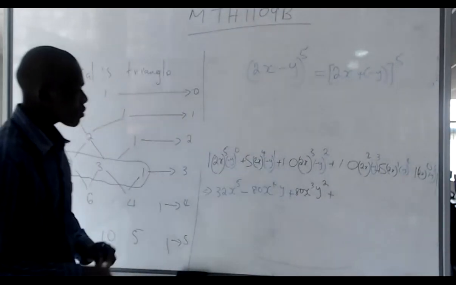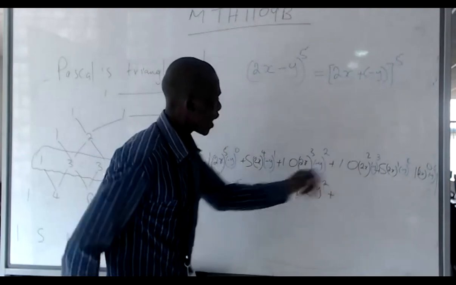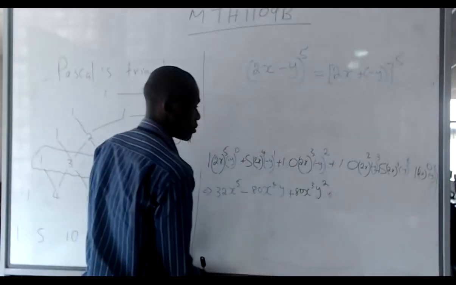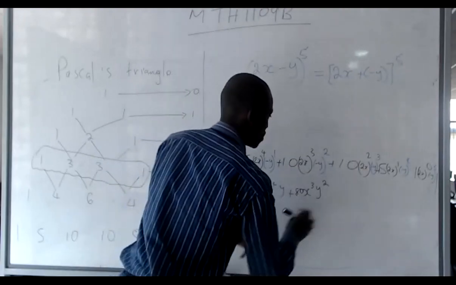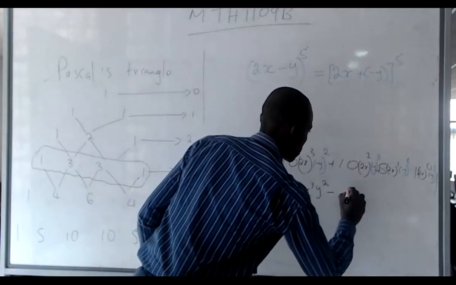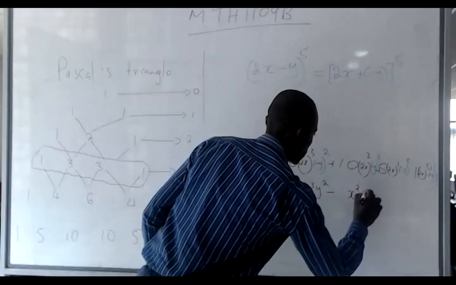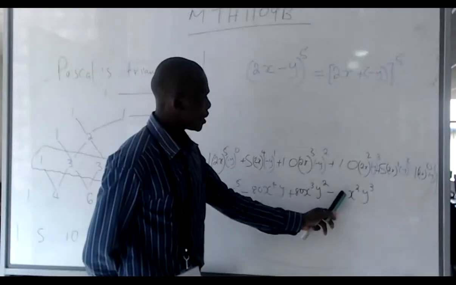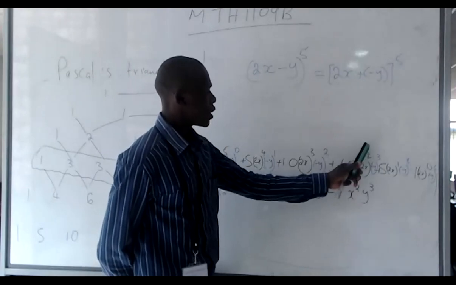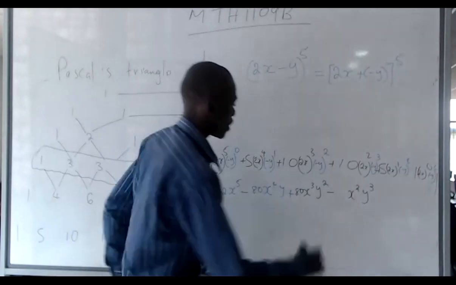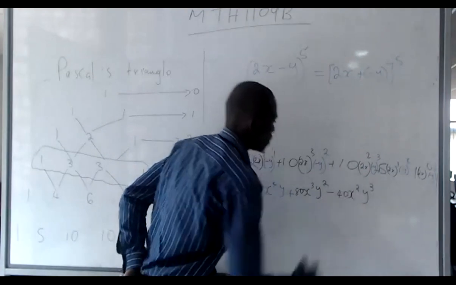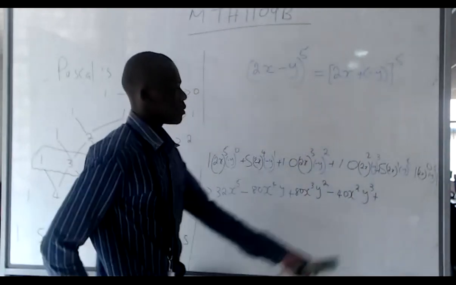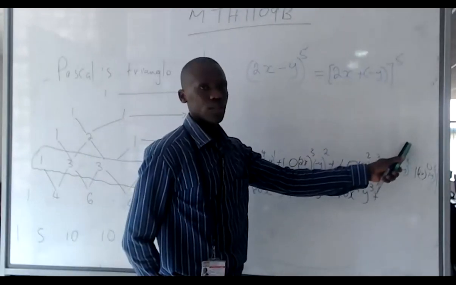Plus, next, we have a minus y cubed. So this will be minus x squared y cubed. And then the coefficient that will come here is going to be 2 squared times 10. So that's 4 times 10, which is just 40. And then plus, because minus 1 to the 4 is 1.